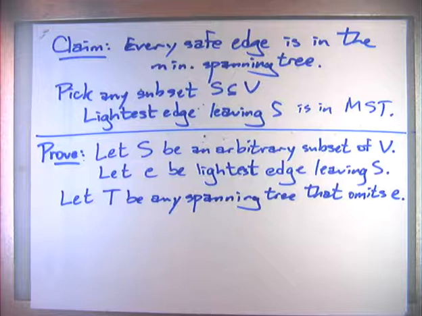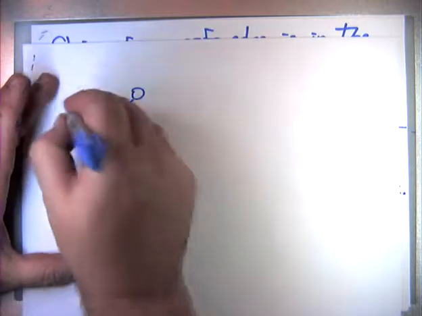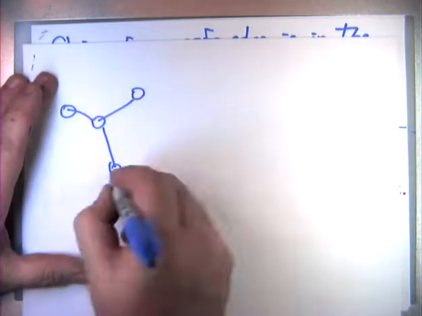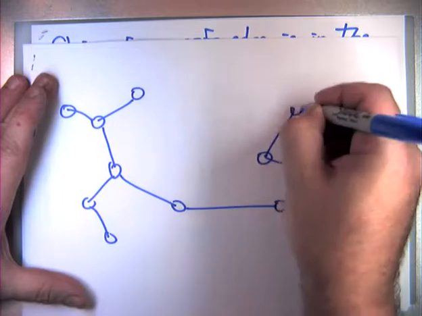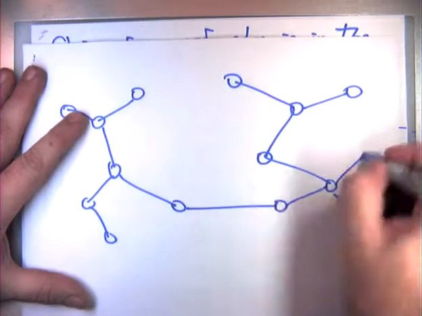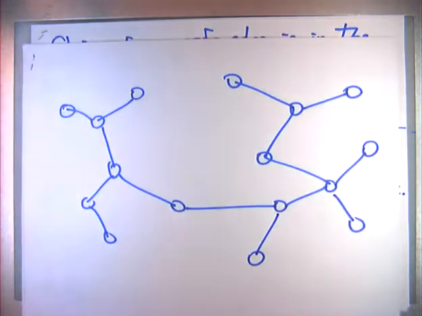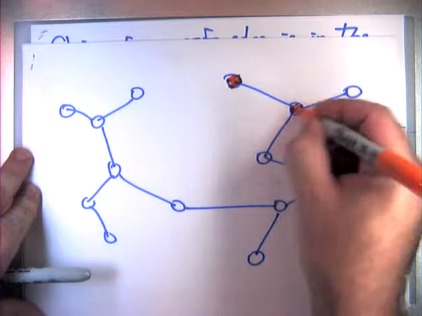All right? So what I want you to imagine is I have some sort of spanning tree, and on top of that I have some subset of the vertices that's not in any way related to the spanning tree.